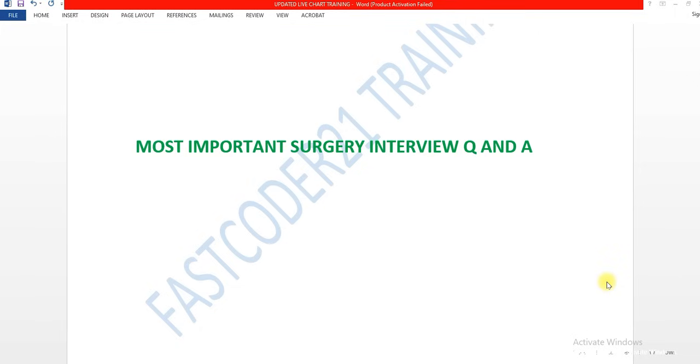What is replantation? It is for amputation.